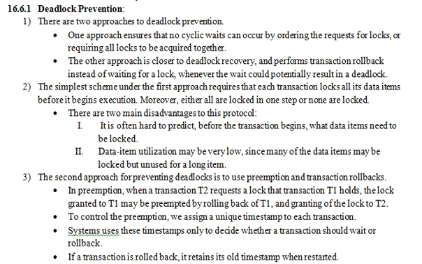That's why, instead of waiting for a lock, we have to perform a transaction rollback. I am going to read the second approach again. The other approach is closer to deadlock recovery and performs transaction rollback instead of waiting for a lock, whenever the wait could potentially result in a deadlock. If it is waiting, it may go to a deadlock state sometimes. So in the second approach we have to do rollback of the transaction.